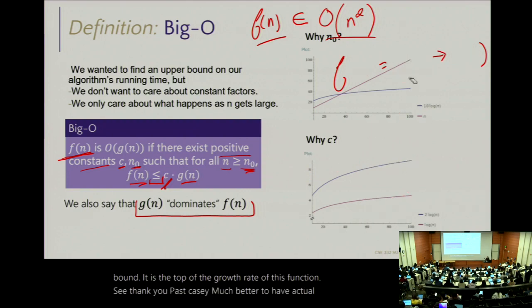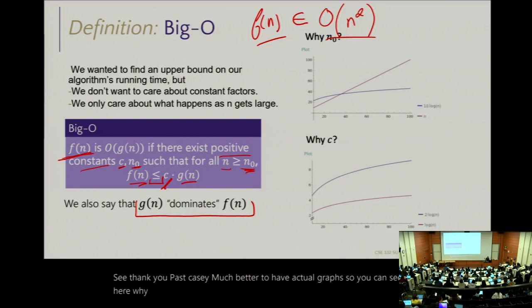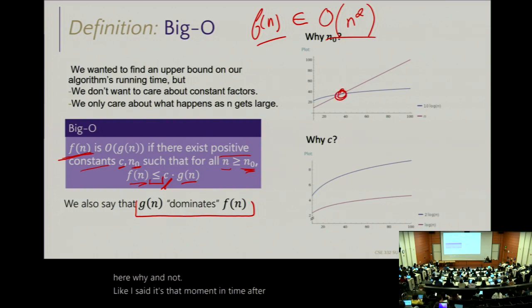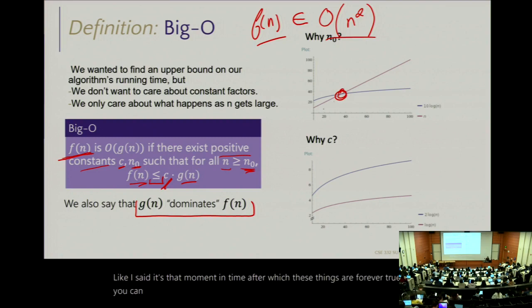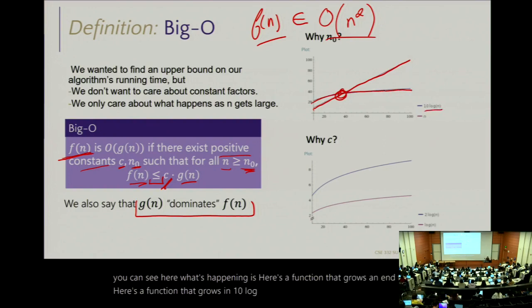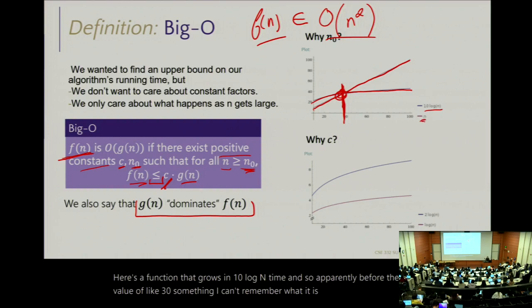So you can see here n naught. Like I said, it's that moment in time after which these things are forever true. Here's a function that grows in n time. Here's a function that grows in 10 log n time. Apparently before the value of 30 something, I can't remember what it is, the linear runtime is actually faster.